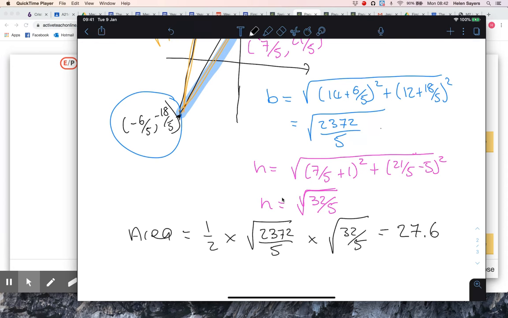So I'm getting that. Okay, right, I'll have to have a think about that, because I'm still getting 27.6.